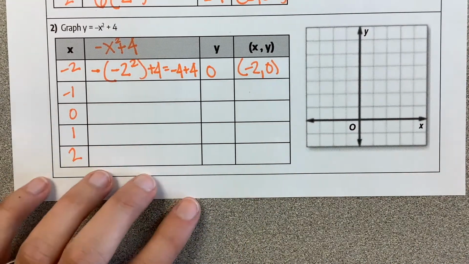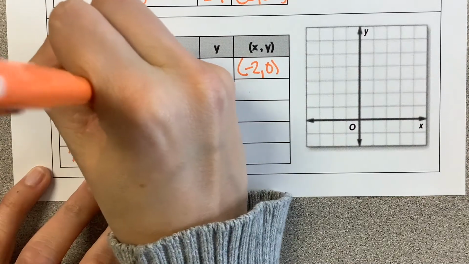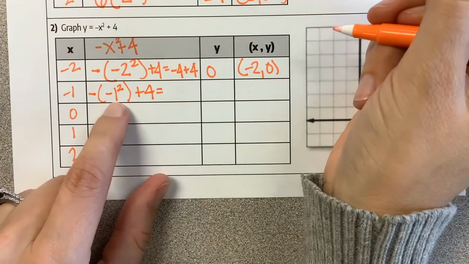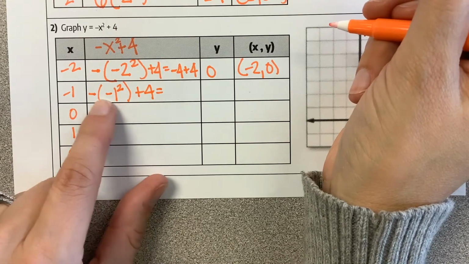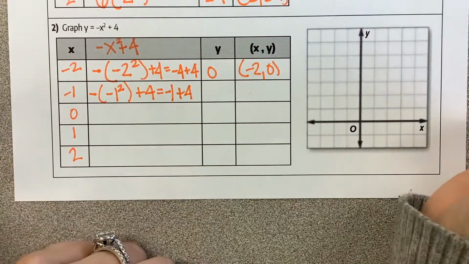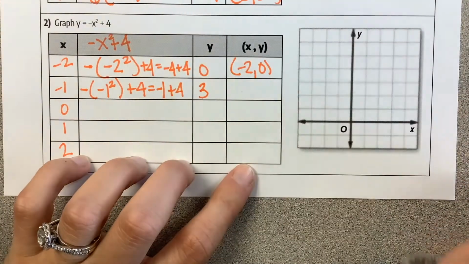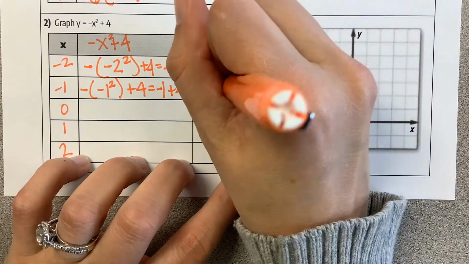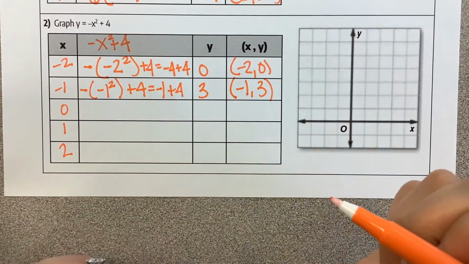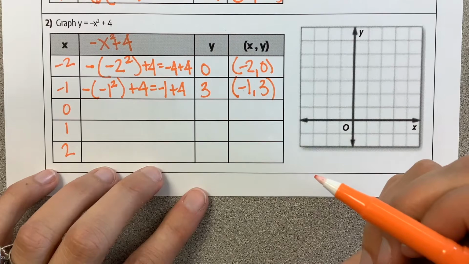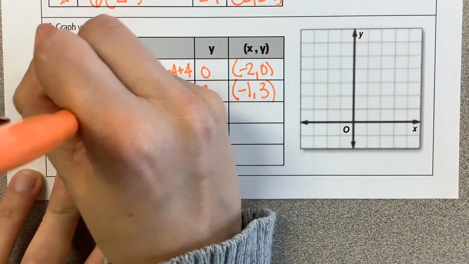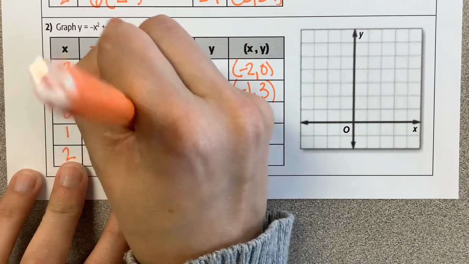Let's plug in -1. So we've got -1 squared plus 4. -1 squared is 1. Apply the negative. We get -1 plus 4, which is +3. So the ordered pair is -1, 3. Over here, we're plugging in 0, so -0 squared plus 4.